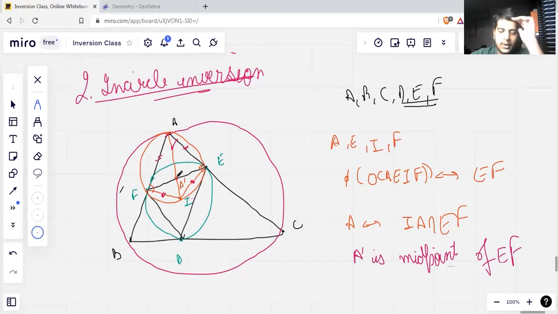So A dash is the midpoint. Right? Similarly, B dash also comes to the midpoint of FD and C dash comes to the midpoint of ED. And the circumcircle ABC goes to this circle A dash, B dash, C dash.